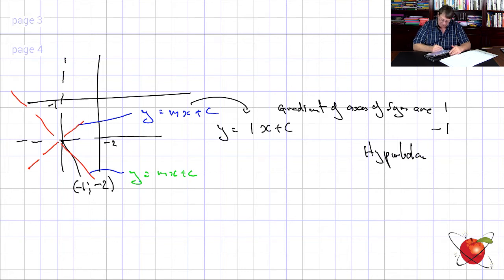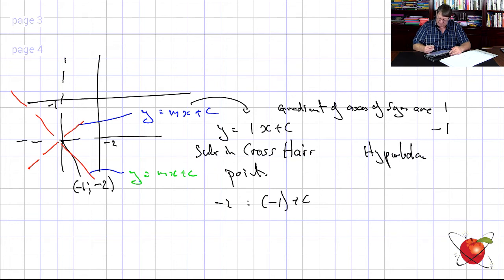Now it goes through the point minus 1, minus 2. So therefore we just say, all right, substitute in the crosshair point. y is minus 2, equal to minus 1 plus c.